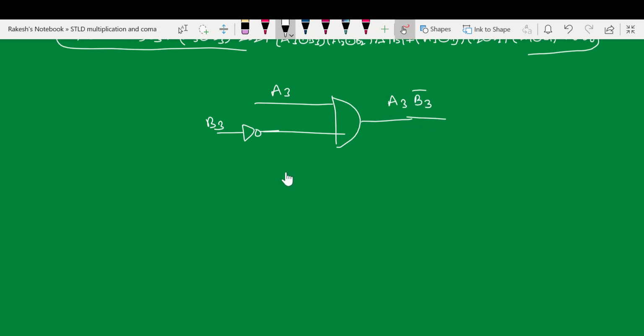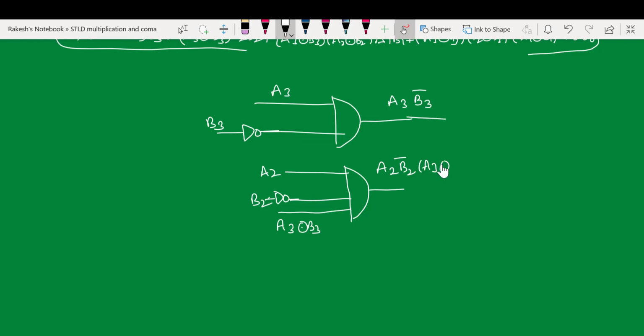And second case I am going to consider one extra input, that is nothing but A3 XNOR B3, as well as you are going to consider A2 into B2 bar. So you are going to write it as A2 into B2 bar times A3 XNOR B3. Similarly I am going to consider one more. In this I am going to consider 4 inputs.